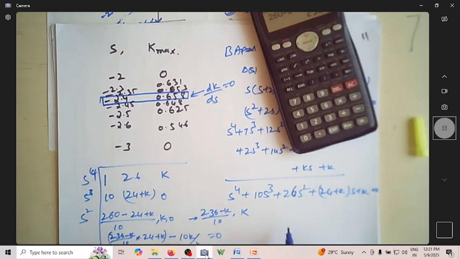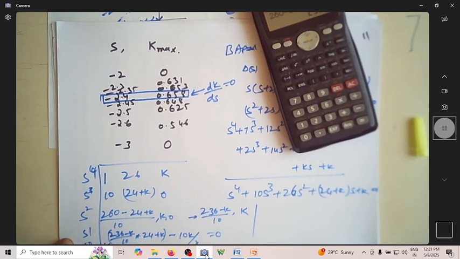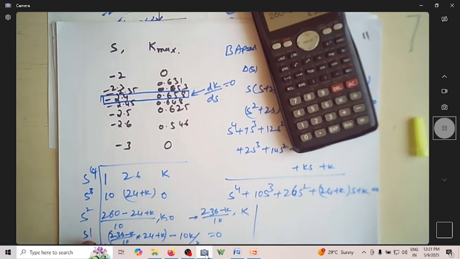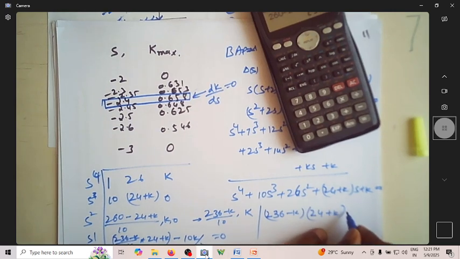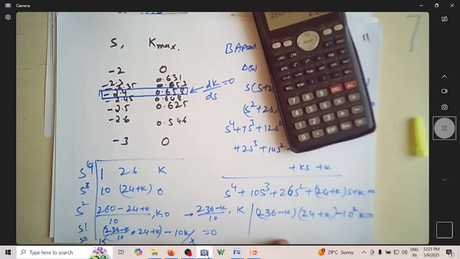Finally s power 1, and s power 0 will become k. So when does this entire row become 0? Whenever 236 minus k into 24 plus k minus 10 square k becomes 0.